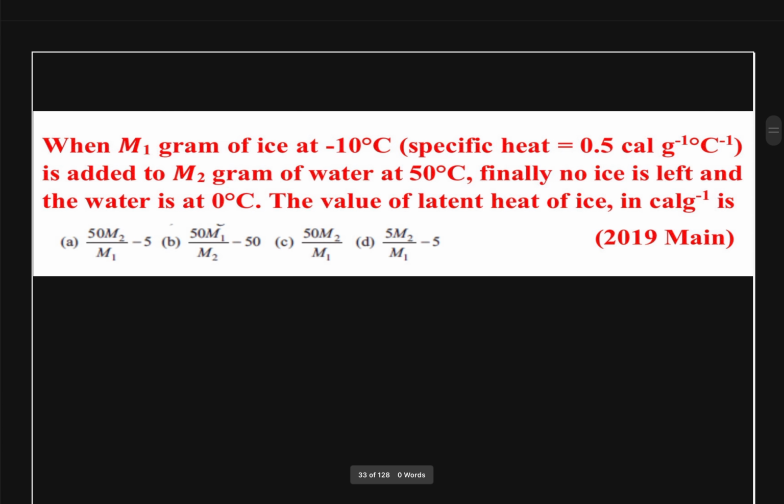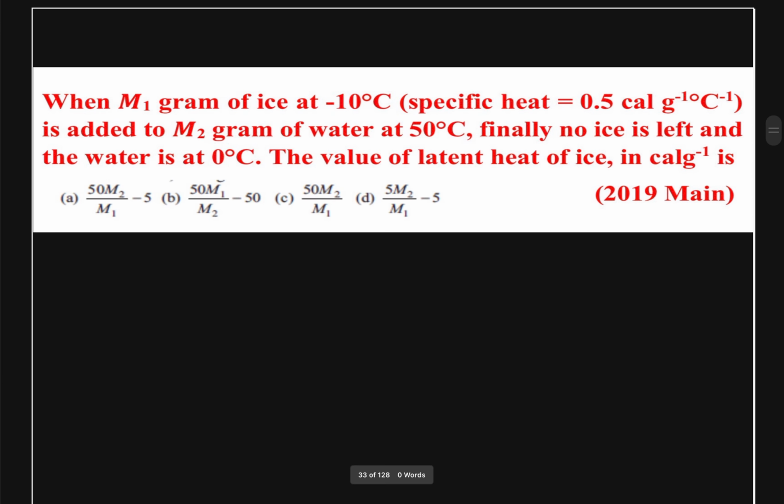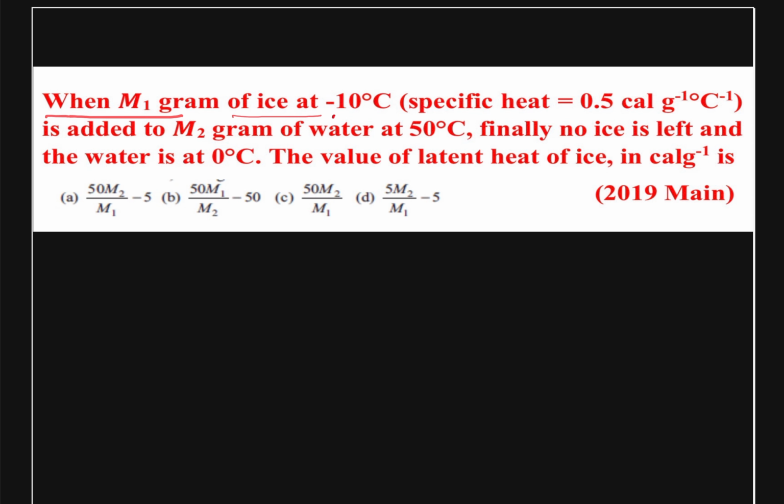Next question. It states that when m1 gram of ice at minus 10 degrees centigrade, specific heat 0.5, is added to m2 gram of water at 50 degrees centigrade. Finally, no ice is left and the water is at 0 degree centigrade.